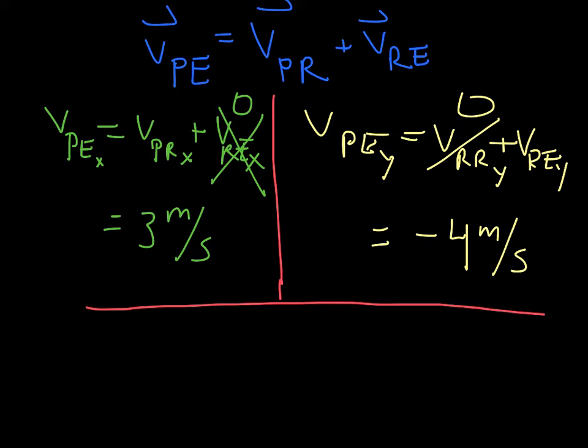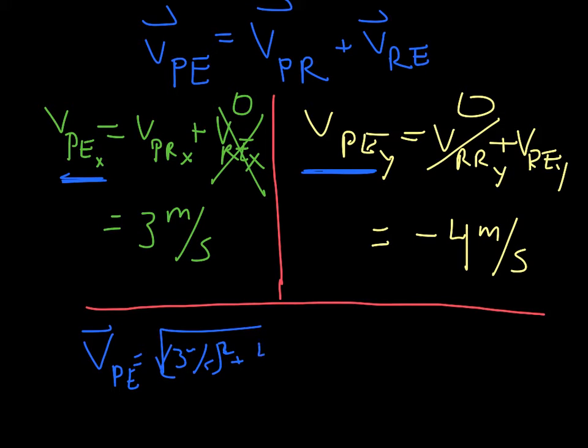So now you have x components, y components. To find the total magnitude of the velocity of the person to the Earth, this is equal to the square root of 3 meters per second squared, just Pythagorean theorem, plus negative 4 squared, equals 5 meters per second. And then you need to solve for your angle. So theta equals tangent inverse of y over x.